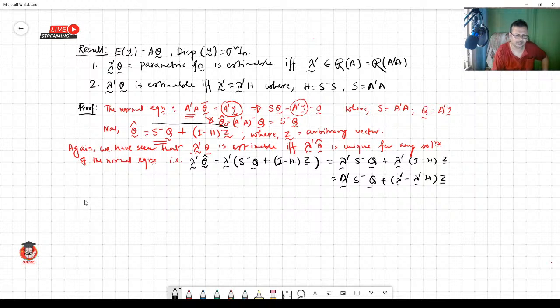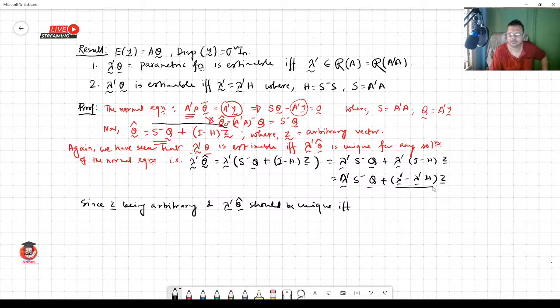And since z curl is arbitrary, lambda curl prime theta curl hat should be unique if and only if this portion is 0.